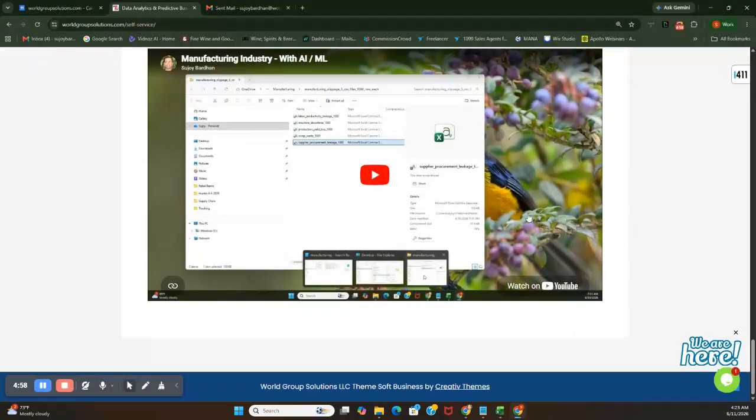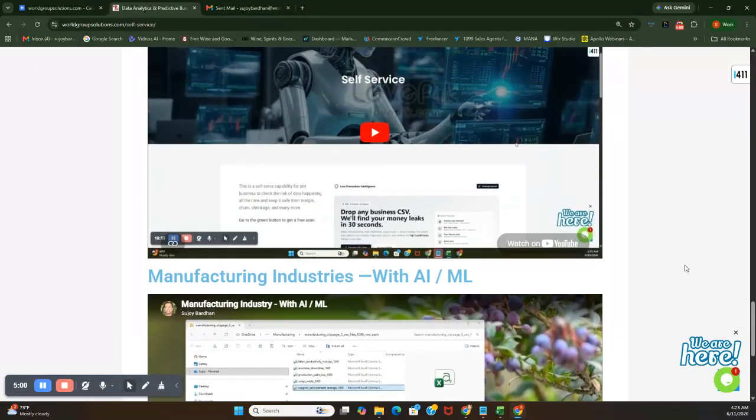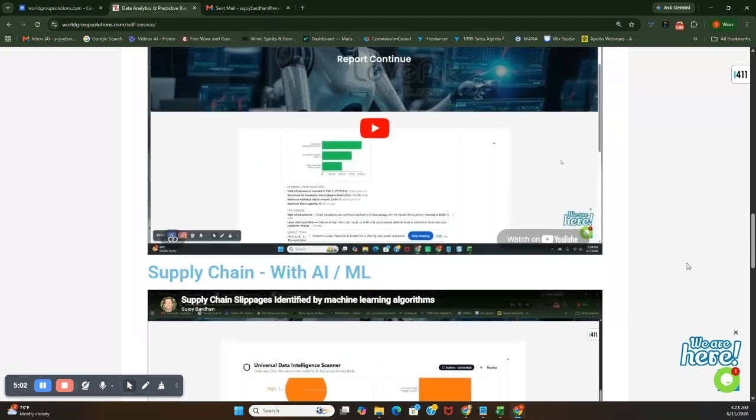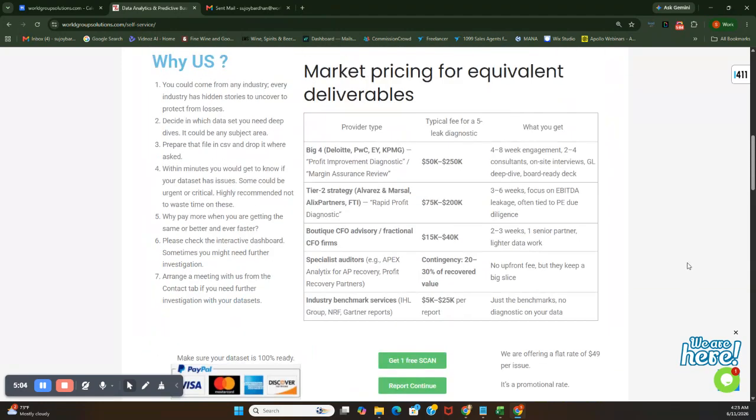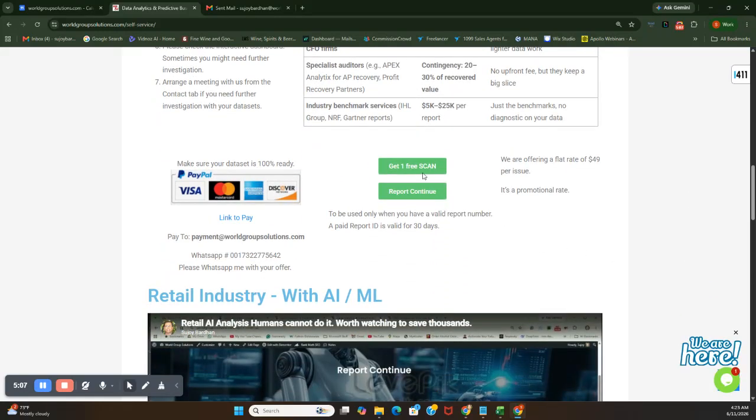Now, having said that, you will typically go back to this page and get a free scan. But what I'm trying to focus on here is that you can run it through the URL you are getting here.